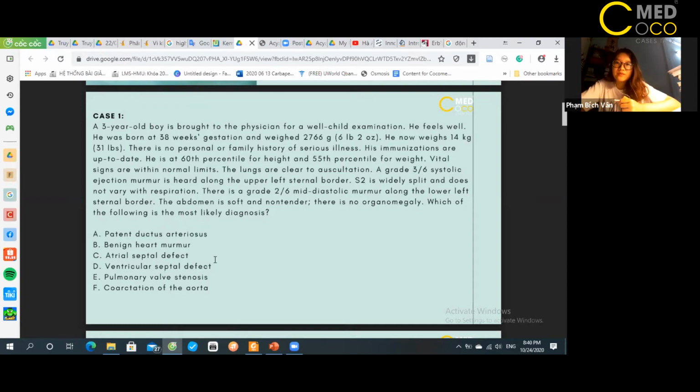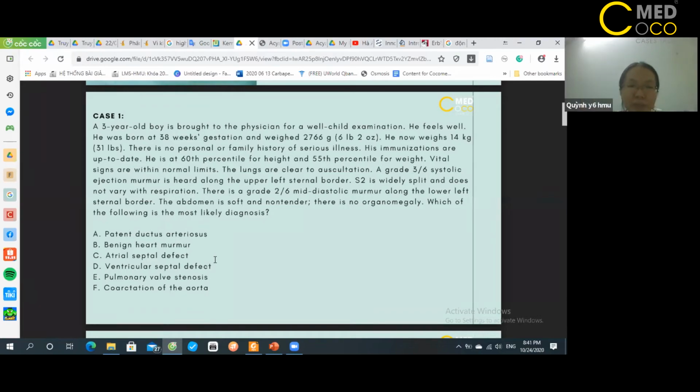But I think it's a 3-year-old boy, and there is so much murmur here, so I think that is not a benign heart murmur. Actually, the benign heart murmur is quite common in infants and small children. Just only 1% of abnormal heart sounds in small children is pathology, and 99% is a benign heart murmur.